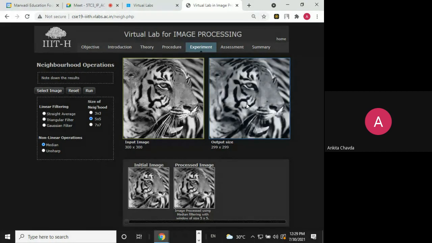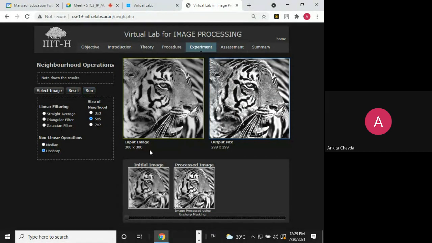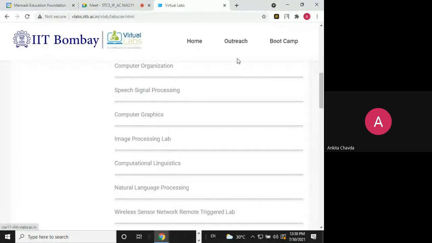But the side effect is that it would be blurred, right? But if we apply this unsharp, you can check, fine details are enhanced. Here the edges are sharpened, so the picture is much clearer than even the original one. I hope you remember this, right? So this is what we are going to discuss.